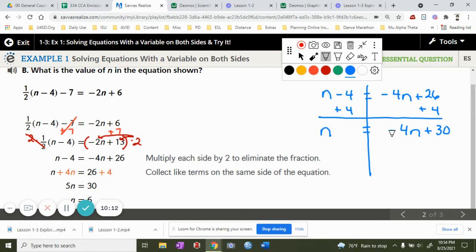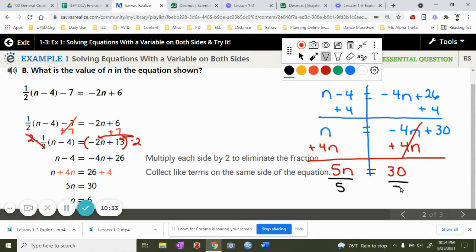And then they're moving this negative 4n over by adding the opposite. So n plus 4n is 5n equals 30. This is 5 times n, so I'm going to get my solution by dividing by 5, and you get n equals 6.